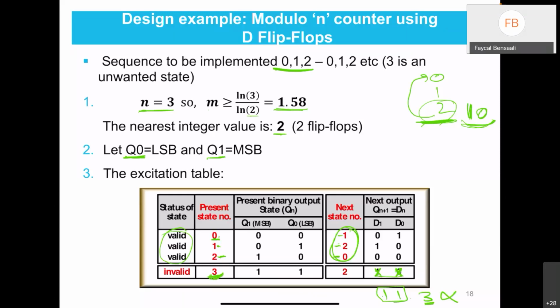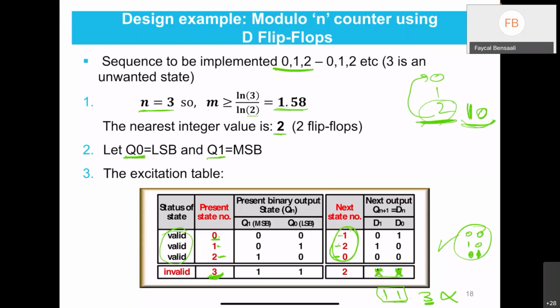So there is a condition here. So I put XX, where this XX could be 0, 0, it could be 0, 1, it could be 1, 0, one of those states. So those are fine, but I cannot have 1, 1. So I put XX initially, and then I can do the K-map, and then I will replace those X's with the value that will give me the best logic.